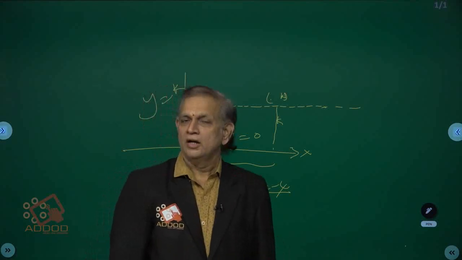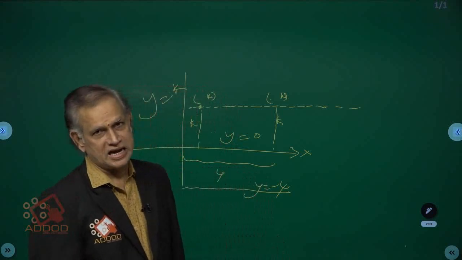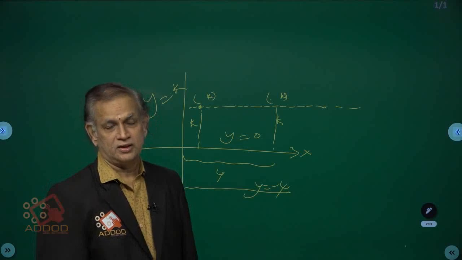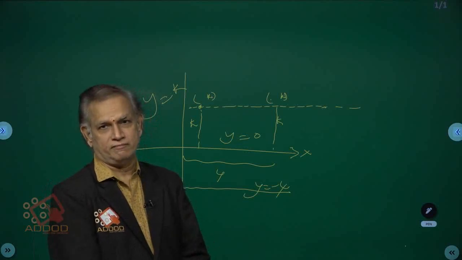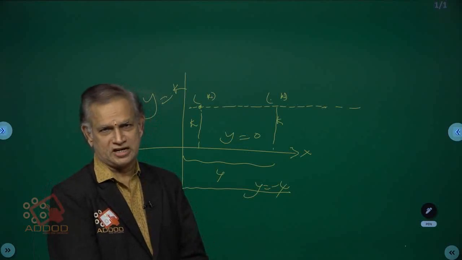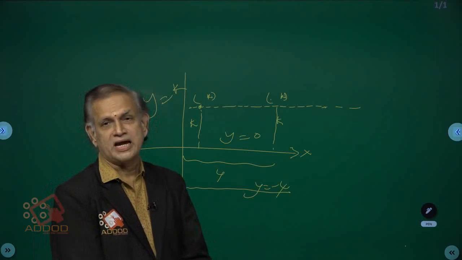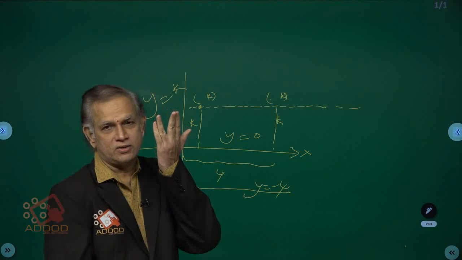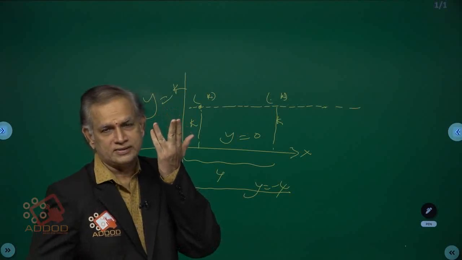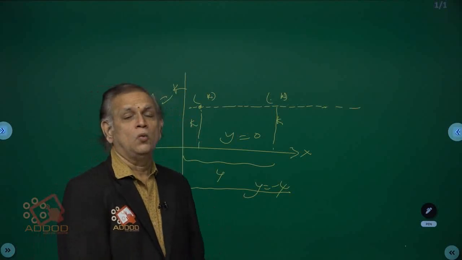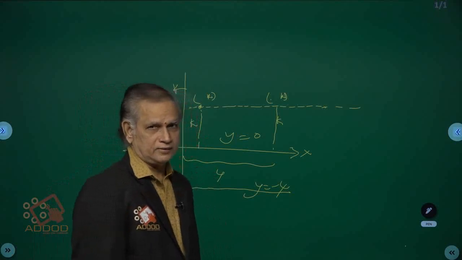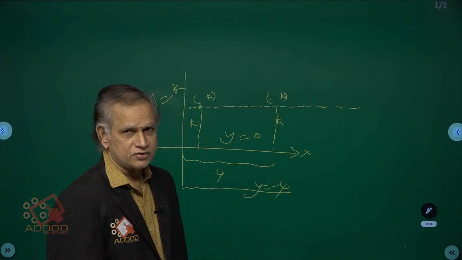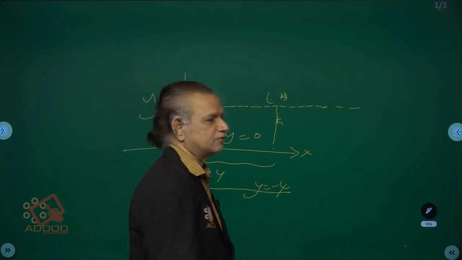In general, the equation of a line parallel to the x-axis is y = k, where |k| is the distance between that line and the x-axis. If k is positive, the line lies above the x-axis. If k is negative, the line lies below the x-axis. That's it. Like this we discuss horizontal lines. Now let us turn our head towards vertical lines.